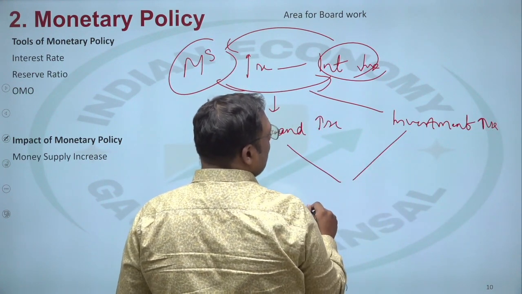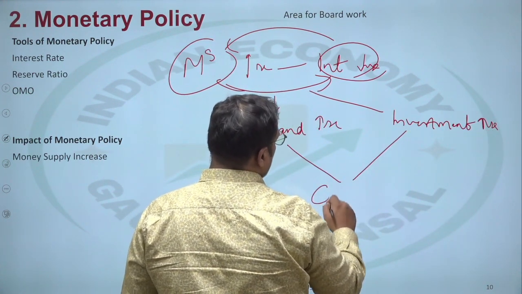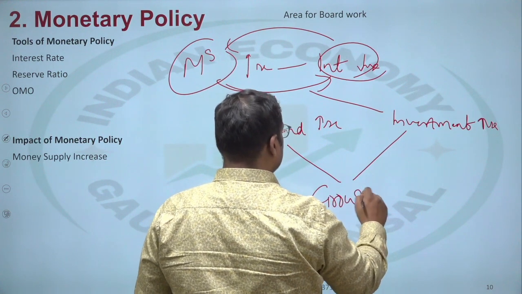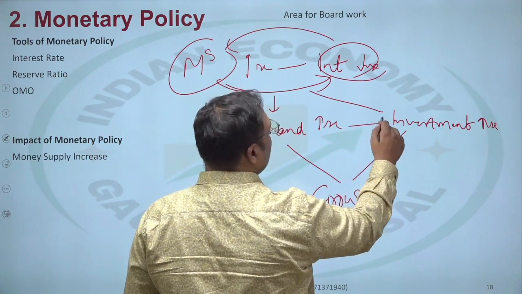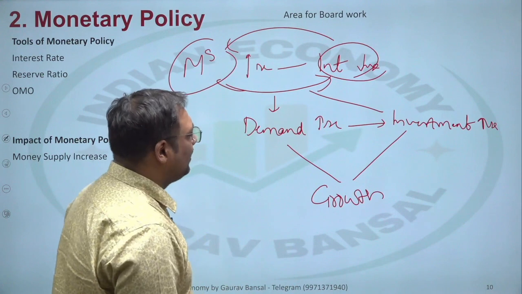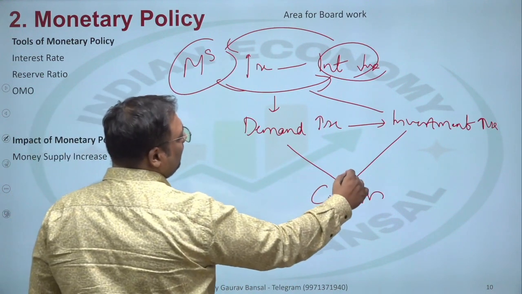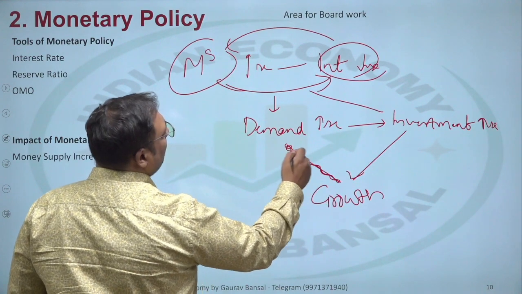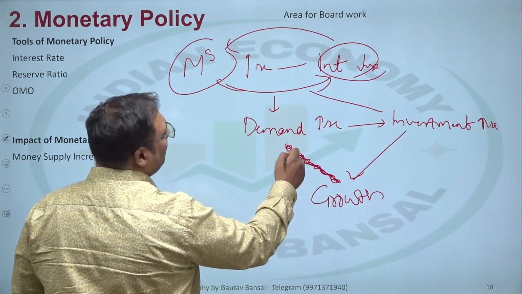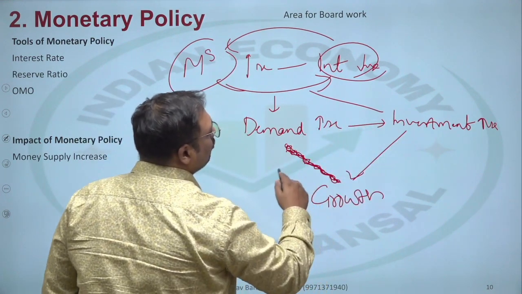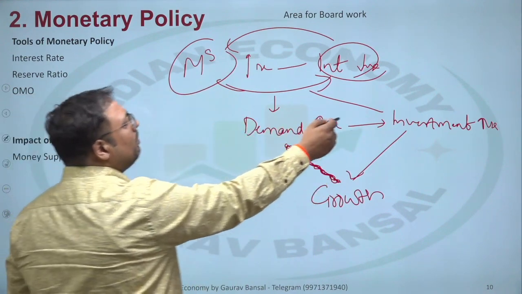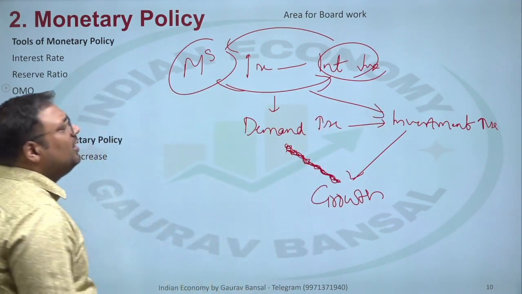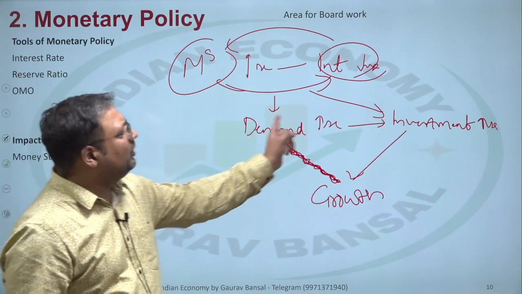This will lead to more growth. Basically, if demand rises, it also encourages investment, and through investment, growth rises. Demand directly doesn't affect growth, it affects growth through investment. So that way you can better understand it.